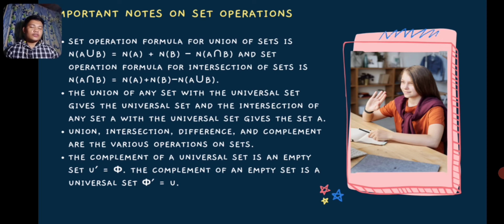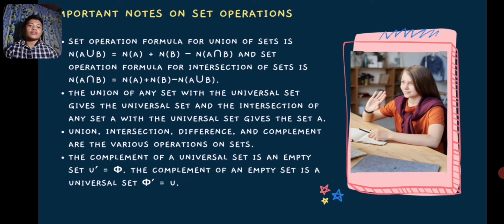Let us remember these formulas because they are really helpful and useful in solving set operation problems, especially when we talk about groupings of sets. The union of any set with a universal set gives the universal set, and the intersection of any set A with a universal set gives the set A. Union, intersection, difference, and complement are the various operations on sets.